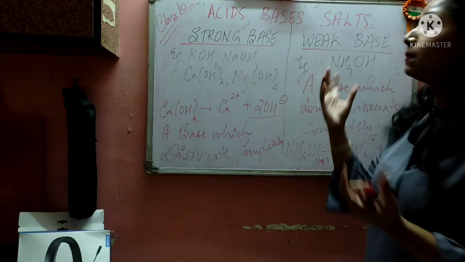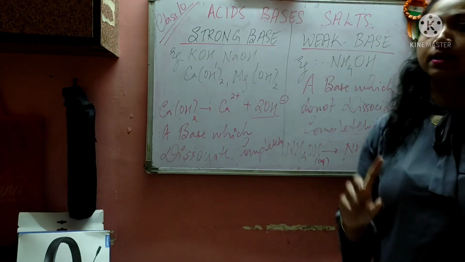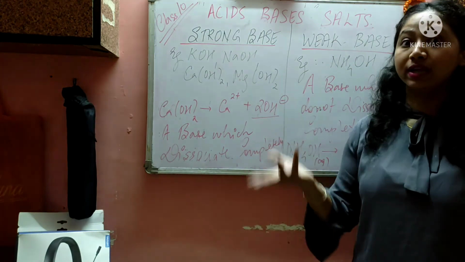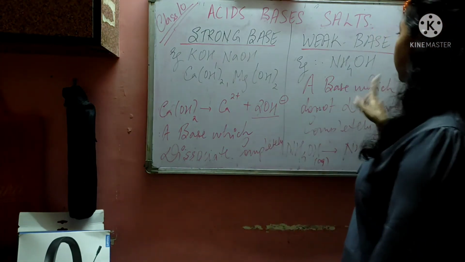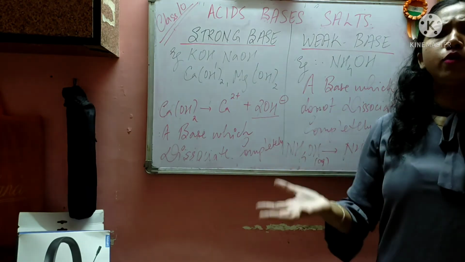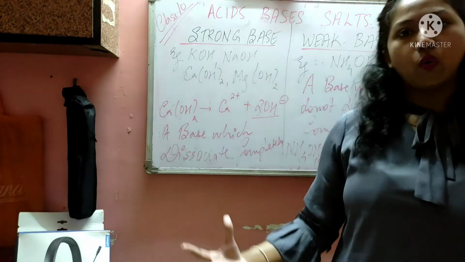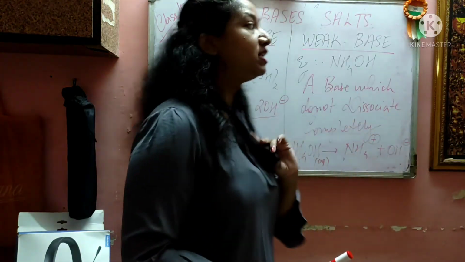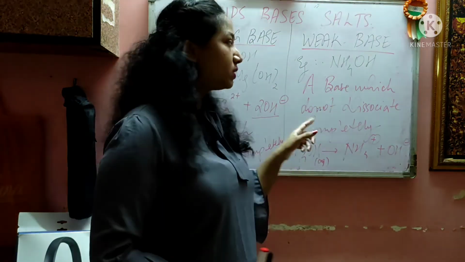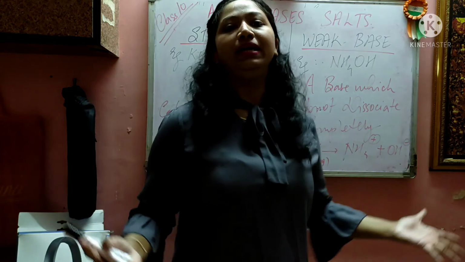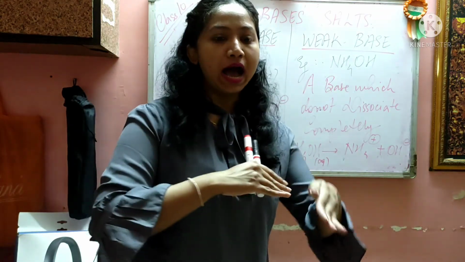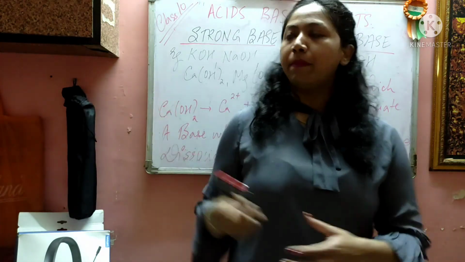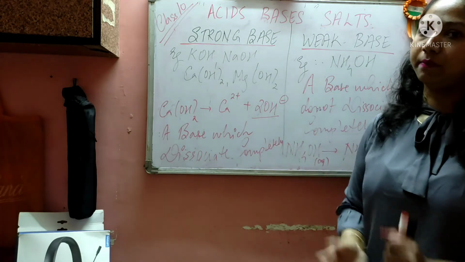For example, if you take 50 molecules of ammonium hydroxide, only half of the molecules will dissociate and form OH minus ions. So this is about strong base and weak base.